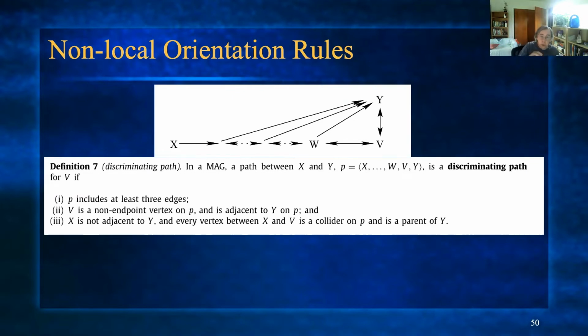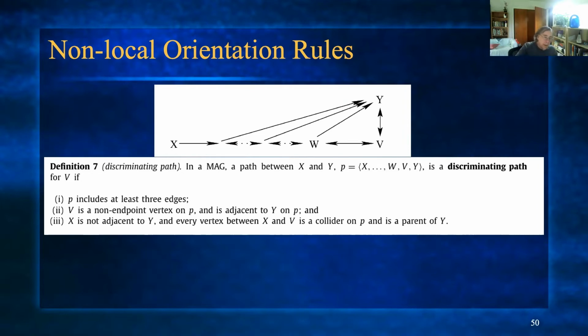It's enough to just look at the local parts. That's not true for PAGs. It turns out for both adjacencies and orientations that there are features of the graph which depend upon things that are not close by to a particular variable.